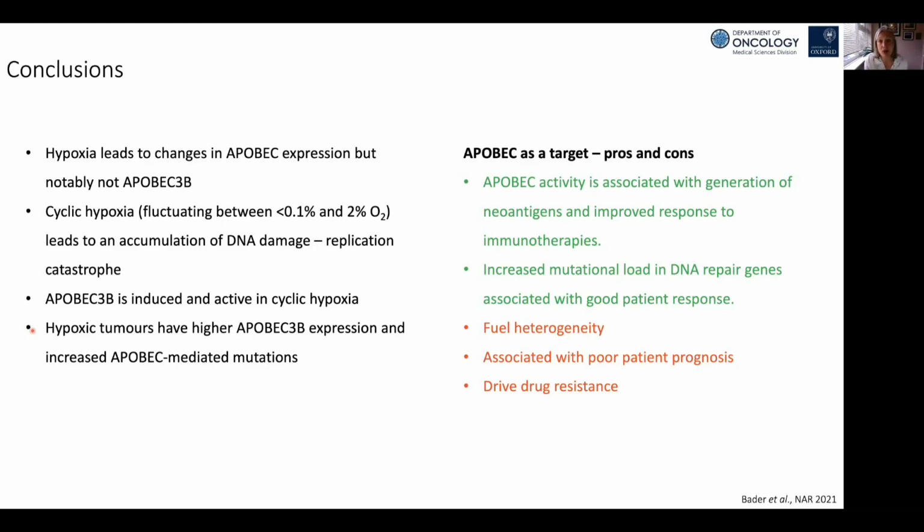There are pros and cons to targeting APOBEC. It's been known to drive drug resistance and be associated with poor patient prognosis, so of course you'd want to inhibit it. But on the flip side, it's also associated with the generation of neoantigens, which is beneficial when combining with something like immunotherapy.